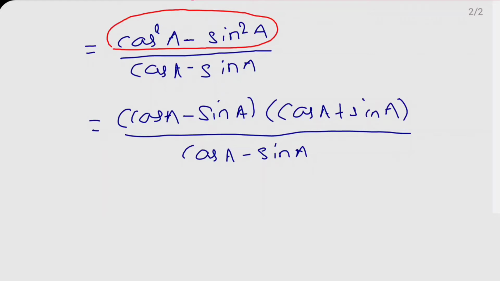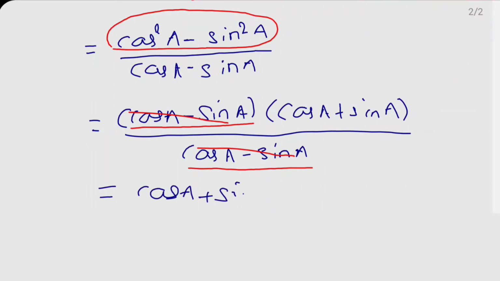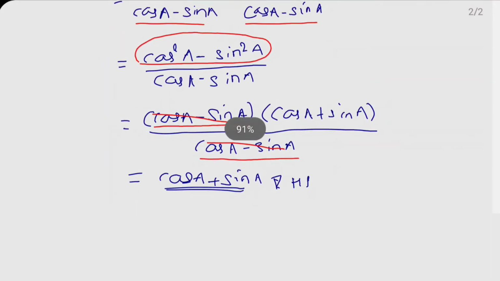Now observe here, here is cos A minus sin A, and here also cos A minus sin A. So these two get cancelled. So remaining term cos A plus sin A. So it is our RHS. So see here.